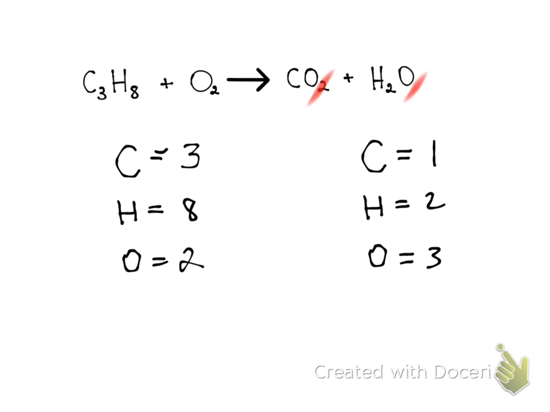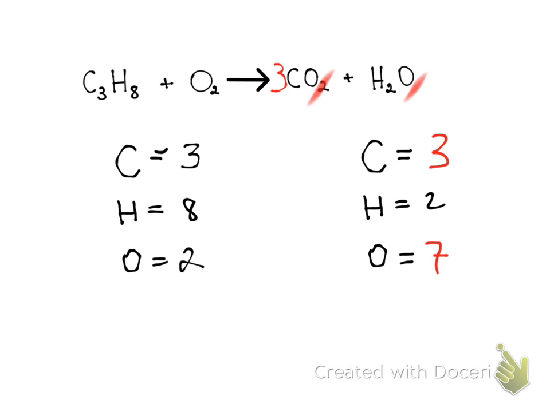I need 3 carbons. So I'm going to put a 3 in front of the carbon here. So what that does is now I've got 3 carbons. I now have 3 times 2 oxygens, that's 6 oxygens plus 1, that's 7 oxygens. So I'm going to write 7 oxygens.